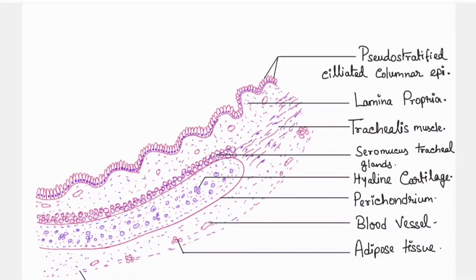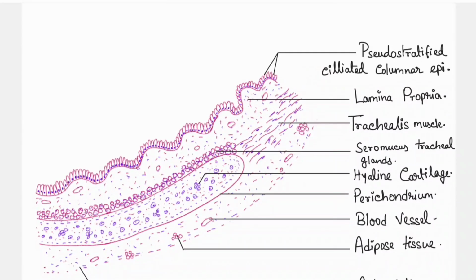So this is the diagram of the trachea. Here first we can see the lining epithelium, which is pseudostratified ciliated columnar epithelium. After that the lamina propria, below that we can see the trachealis muscle, and these are the seromucous tracheal glands above the cartilage, and this structure is the hyaline cartilage.